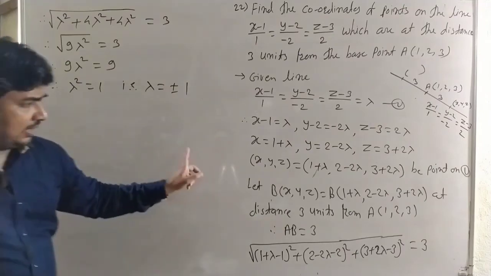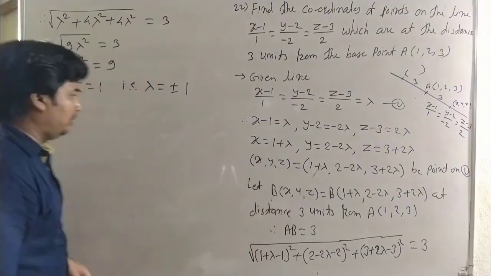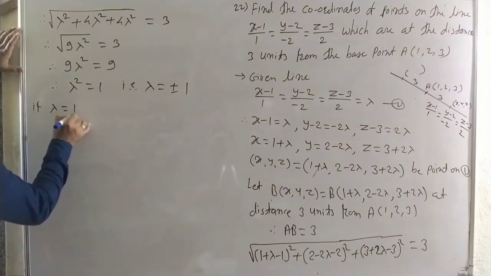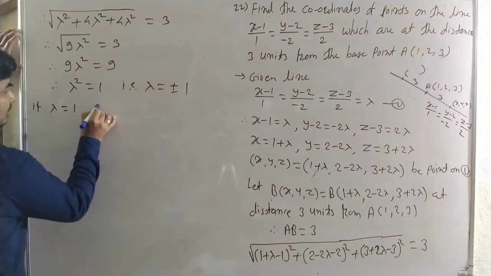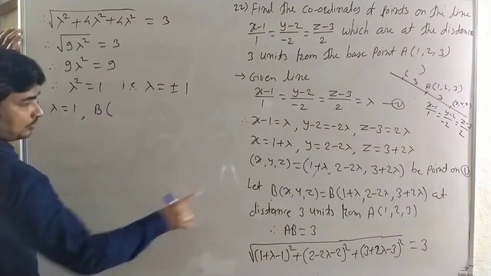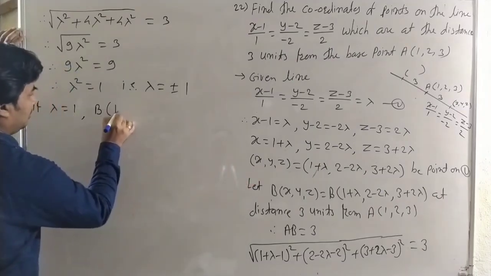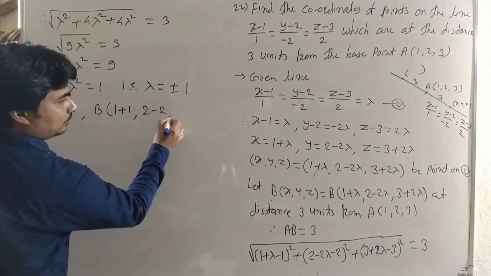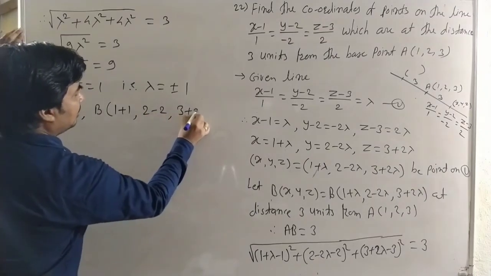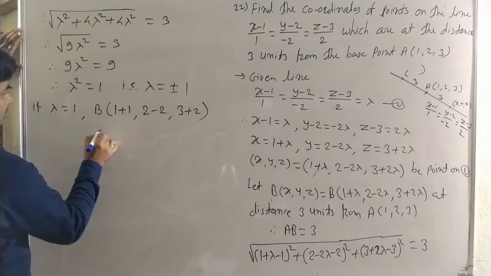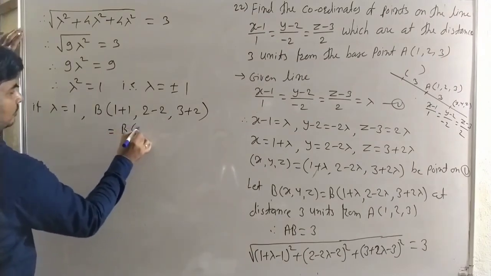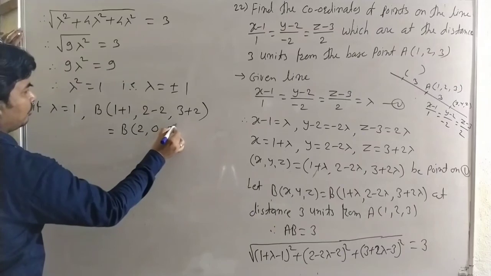Okay, now the coordinates of point B. Therefore if lambda is equal to 1, then the coordinates of B are 1 plus 1, 2 minus 2, and 3 plus 2, that is 2, 0, 5.